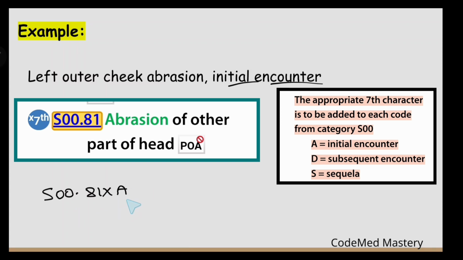Because this code needs 7 characters, the letter X is used as a placeholder for the sixth character, and the seventh character is A, that is for initial encounter. I hope you are clear with it. We are placing the letter X as a placeholder for the sixth character.